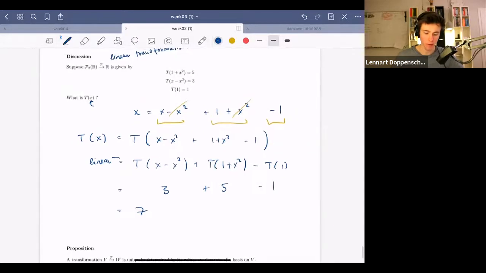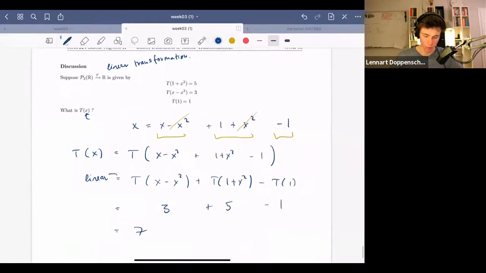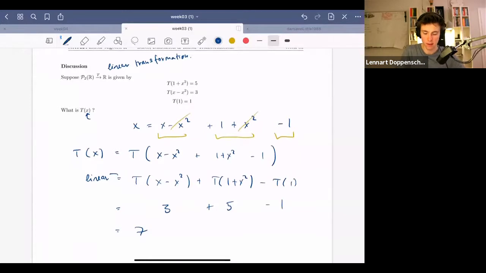Now you might be wondering, was it just lucky that the information given above is enough to find t of x? Does it work for every other polynomial? As you observe in this procedure, what we need is to express x in terms of the vectors that we know the value of under t.